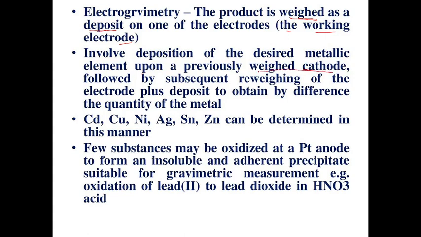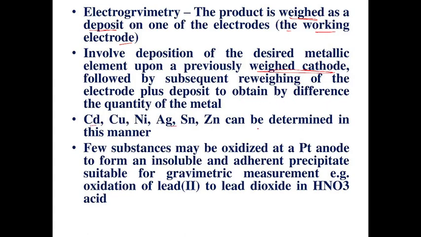Your cathode size will be fixed, and when you apply the voltage, the metal will be deposited. It will be calculated because you can take the weight difference before and after, followed by subsequent reweighing of the electrode plus deposit to obtain by difference the quantity of metal.